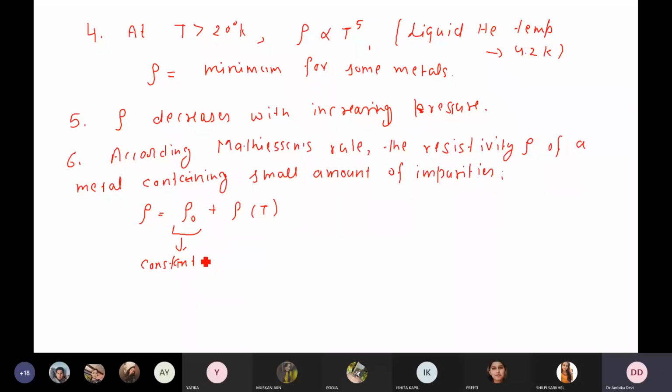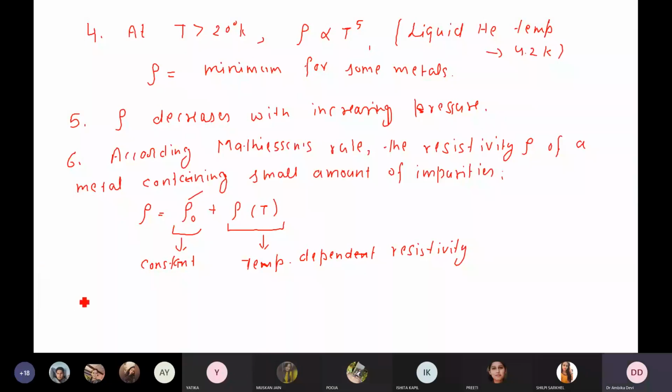So higher the impurity concentration, higher will be the value of rho naught. And rho T is the temperature dependent part of the resistivity. So this is the sixth point.